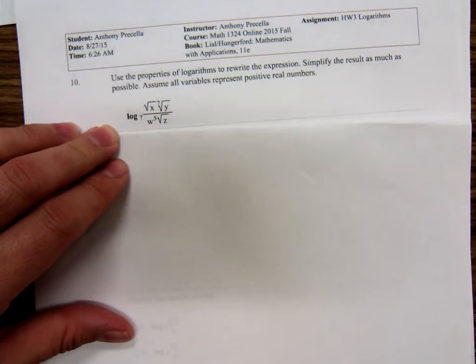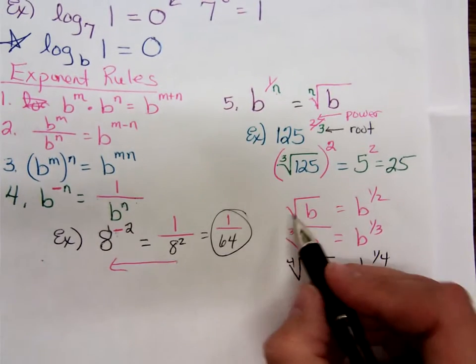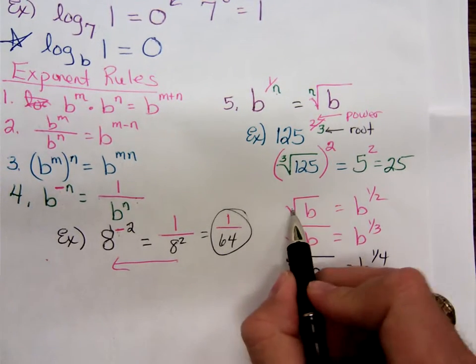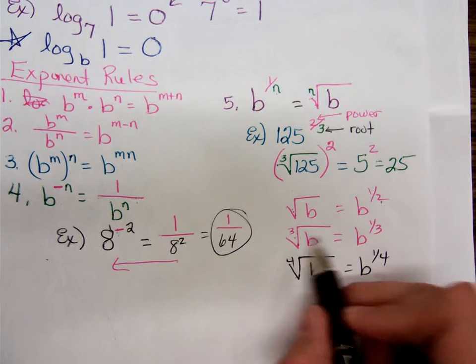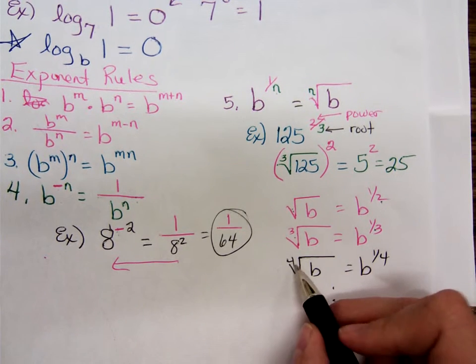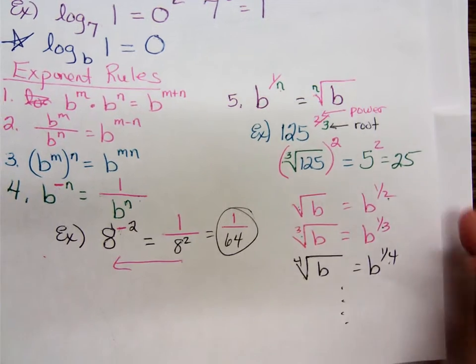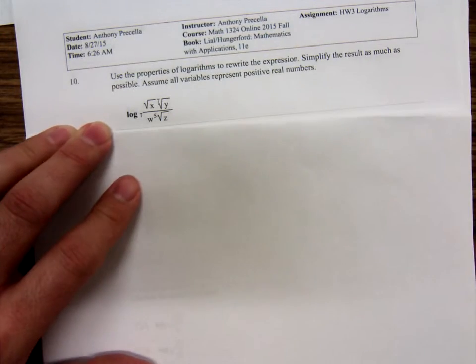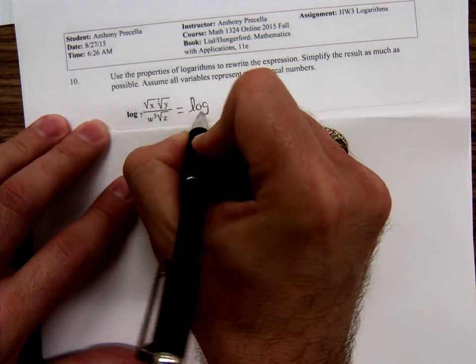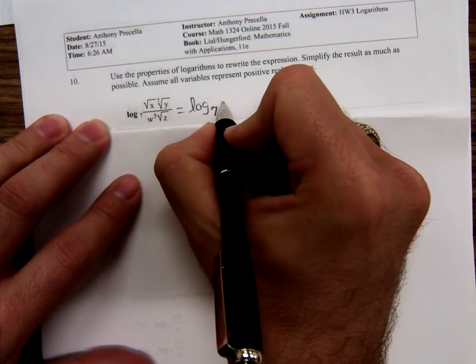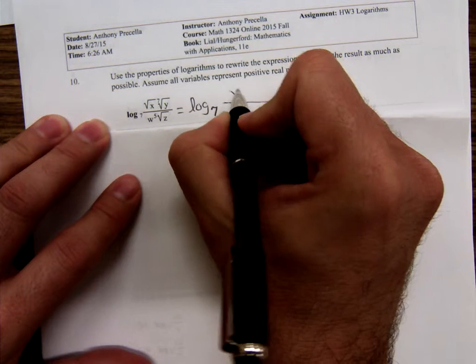Remember, we know how to rewrite radicals. A square root you can write with a 1/2 exponent, a cube root a 1/3 exponent, and so forth, a 4th root a 1/4 exponent. So on number 10, there's a little bit of work you've got to do first. Rewrite without those radicals.